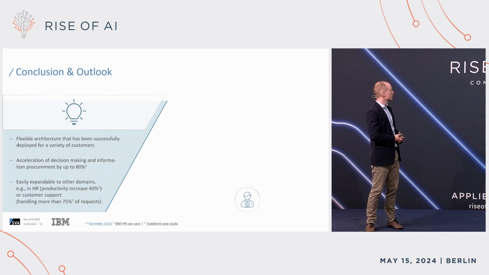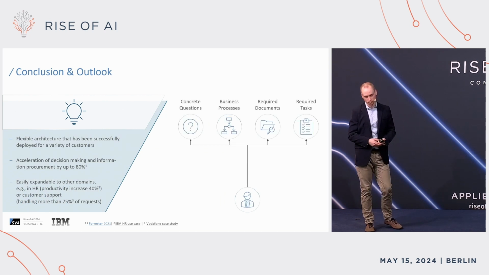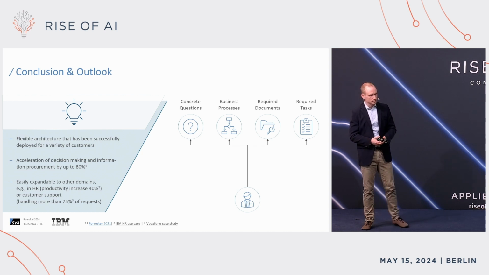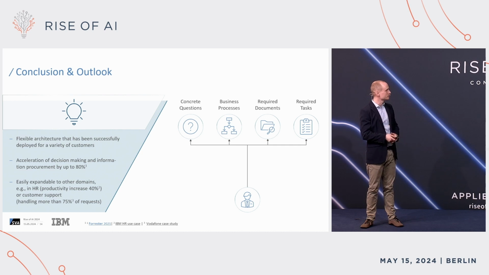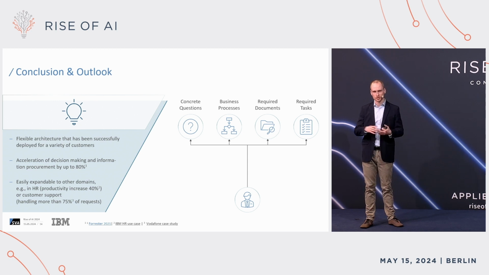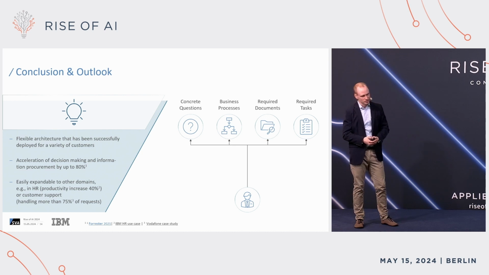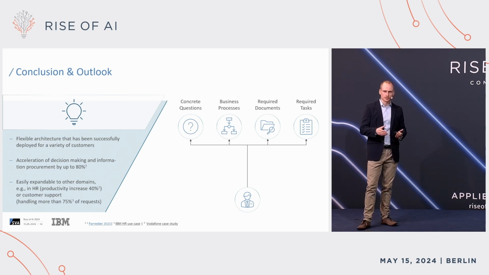So with that, I come to the conclusion and also the outlook at that part. Working with our clients, we are seeing a huge interest in combining this GenAI approach, because this is scalable from small organizations to big ones. It doesn't matter, and as I said, the biggest selling point is that it's really flexible.